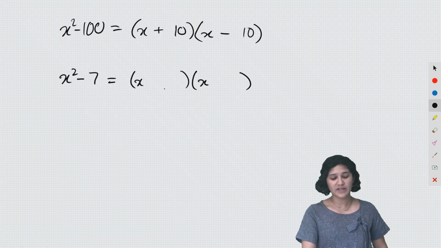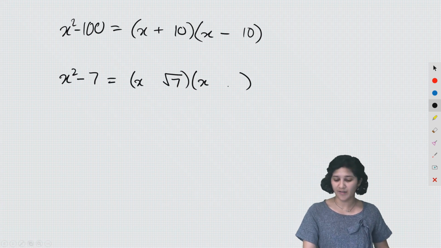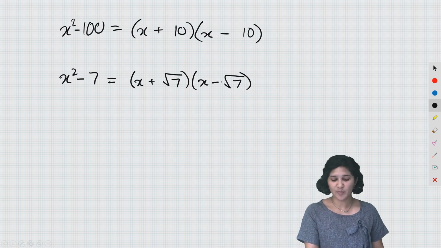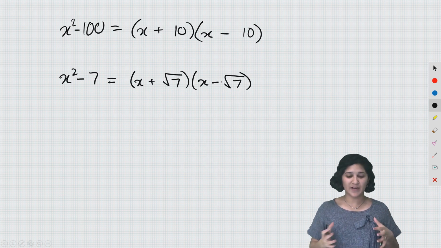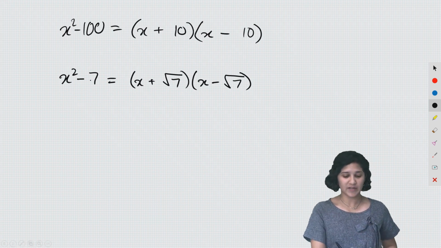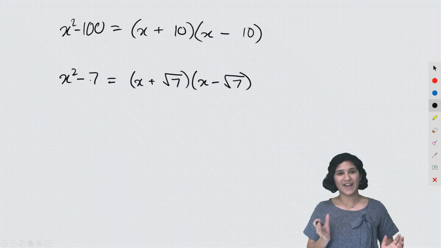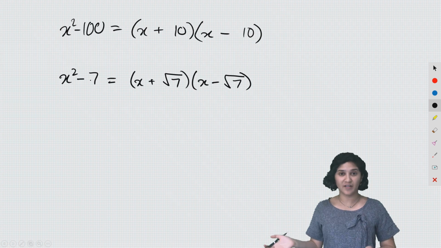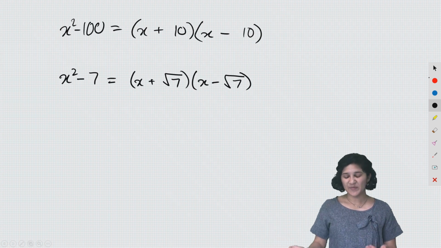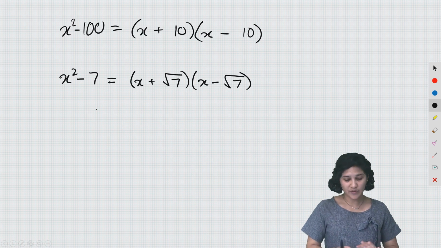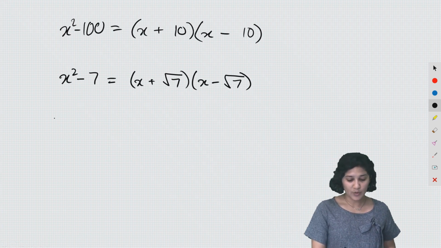This time we've got 7, and the square root of 7 is root 7. So we can go plus minus root 7. And so it doesn't matter, even though it's called difference of two squares, it doesn't strictly have to be a square number this time. We can do it with a non-squared number, and it just means we'll end up with surd factors.